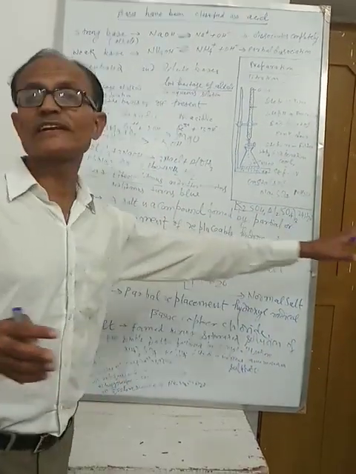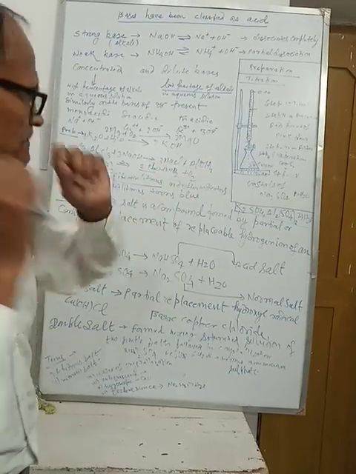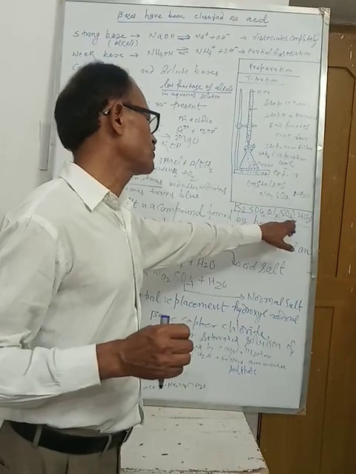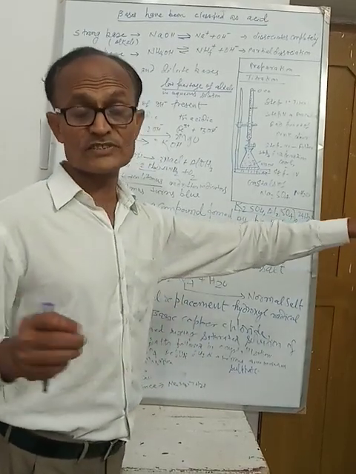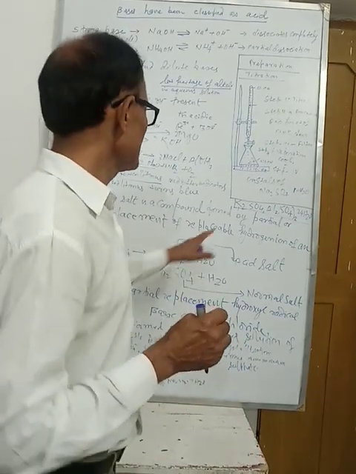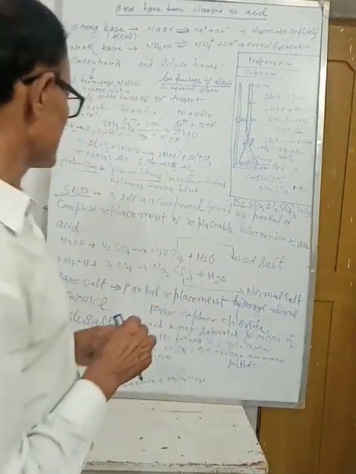It is also called fitkiri in our common language. So this is obtained from two salts, K2SO4 and Al2(SO4)3, by recrystallizing them. So this is one kind of double salt.